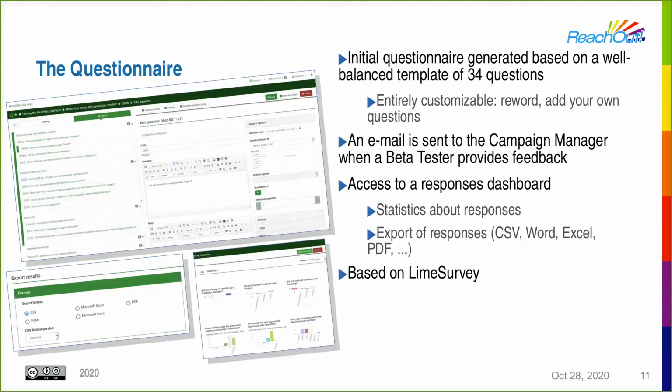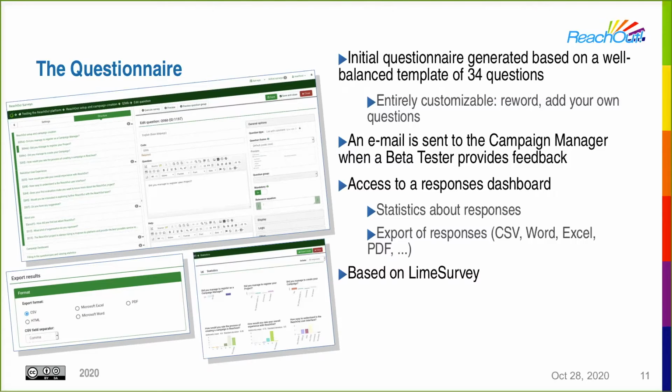Then there's the questionnaire itself. So when a campaign is created, ReachOut generates a questionnaire. It's based on a template that we've put together, which contains a mix of closed and open questions. It's completely customizable. You can remove questions, reword questions, add questions. We can help you to do this as well.